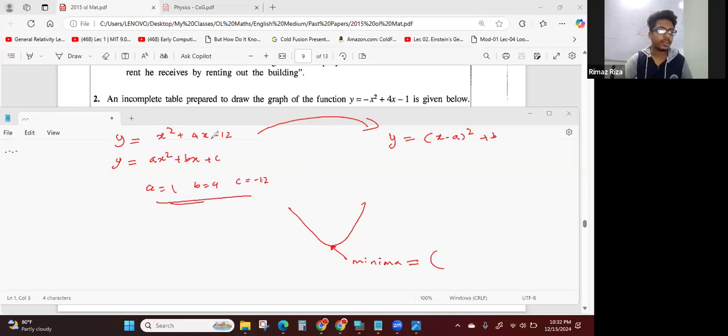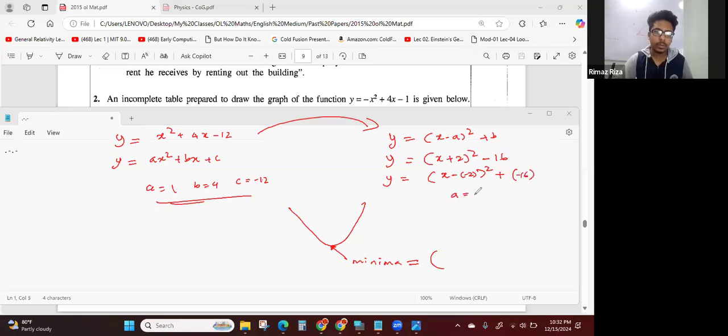Now I had to write this in this form. If I write this in this form, I get x plus 2 squared minus 16. No? So I write this in that form. X plus 2, I write as x minus minus 2, because I want to write x minus a. So minus into minus is plus, and then this thing squared plus b, and b is minus 16.